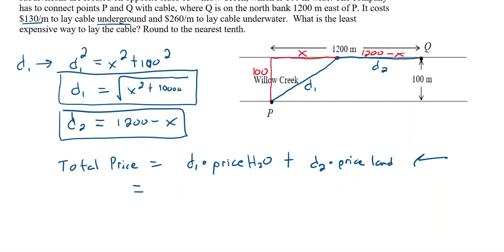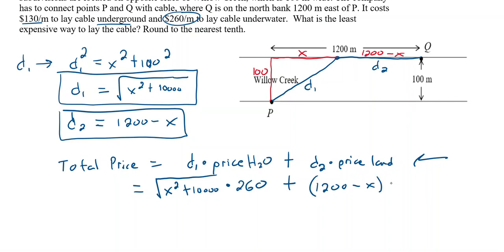D1 is the square root of X squared plus 10,000, times the price of going through the water, so that's $260 per meter, so 260, plus D2, which we said was 1,200 minus X. I'd better put this in brackets because now we're going to multiply by the price of going over land, 130.